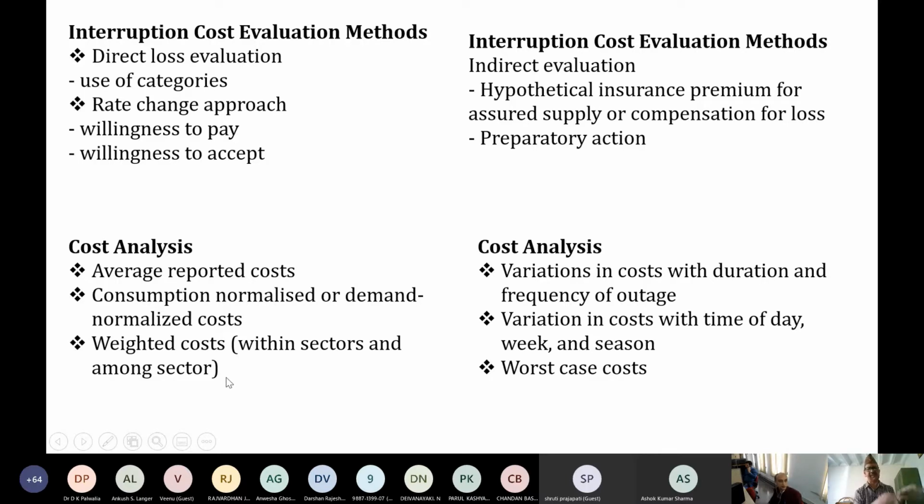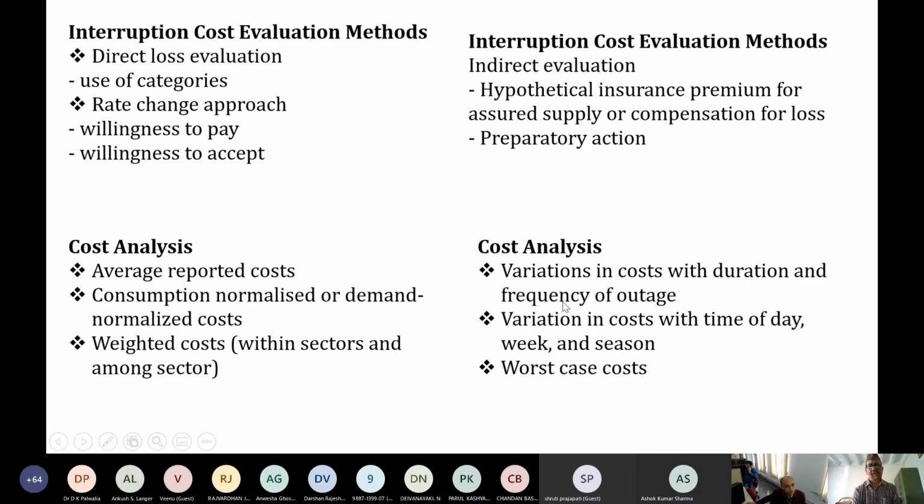Within a sector means within the residential customers themselves; among the sectors means the residential sector, industrial sector, commercial sector, farm or agriculture sector, municipal sector, government offices or other institutions, and so on. So it is necessary to find those costs.